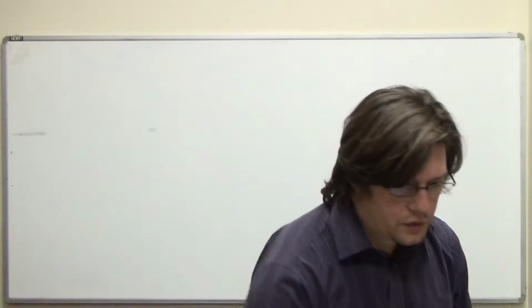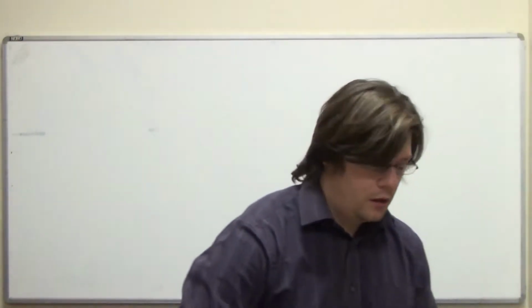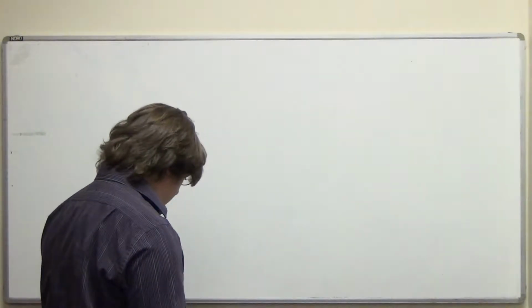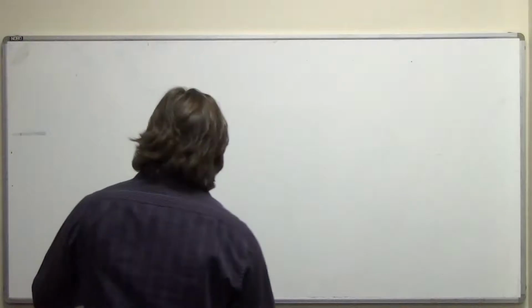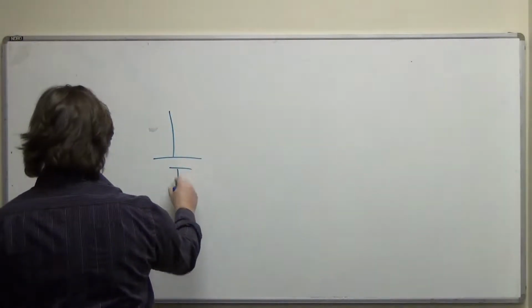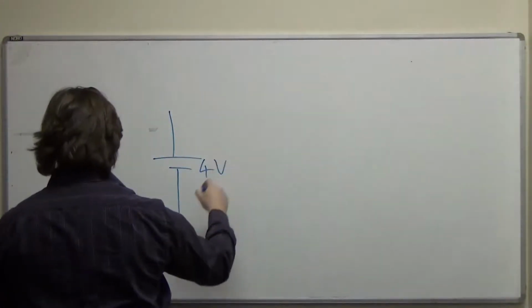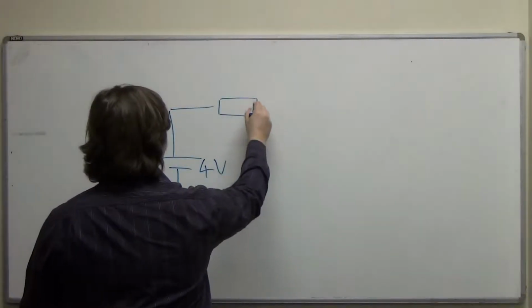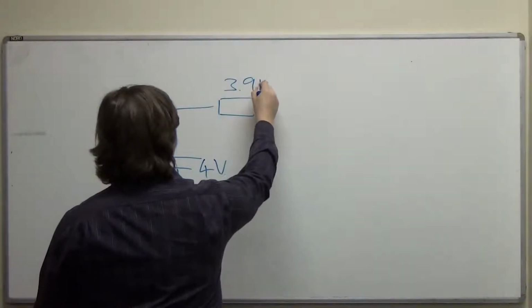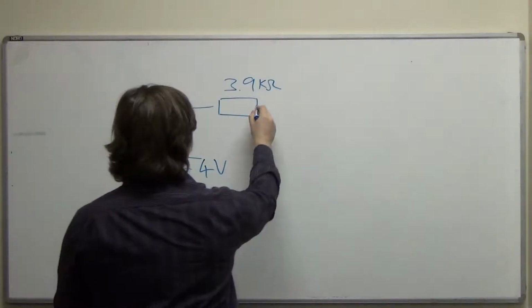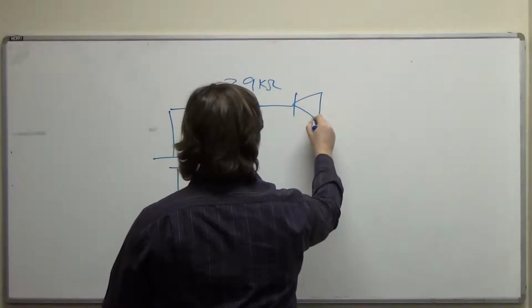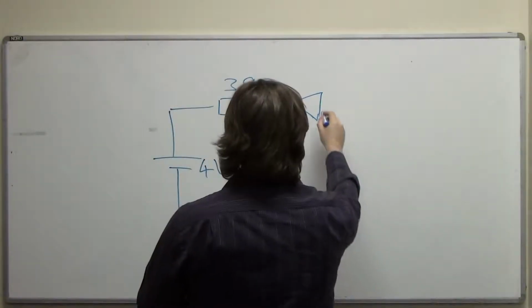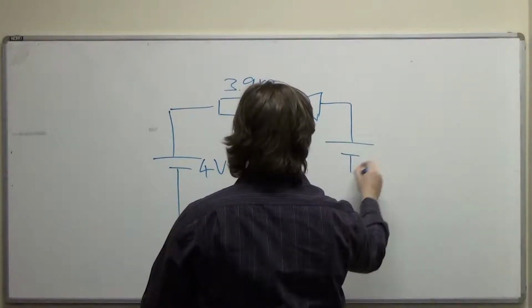So the first question I'm going to do is 1b, and the circuit in question is a battery of 4 volts in series with a resistor of 3.9 kiloohms, in series with a diode, in series with a 6-volt battery.